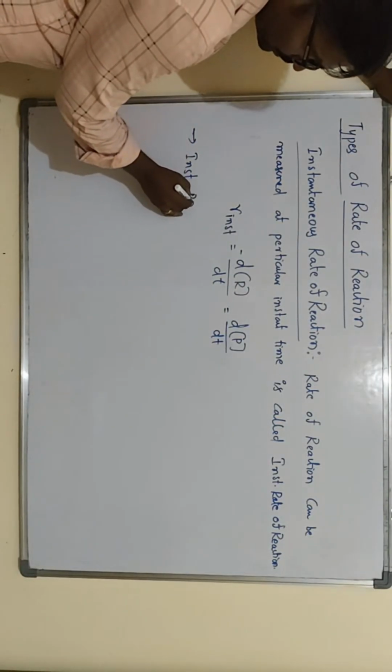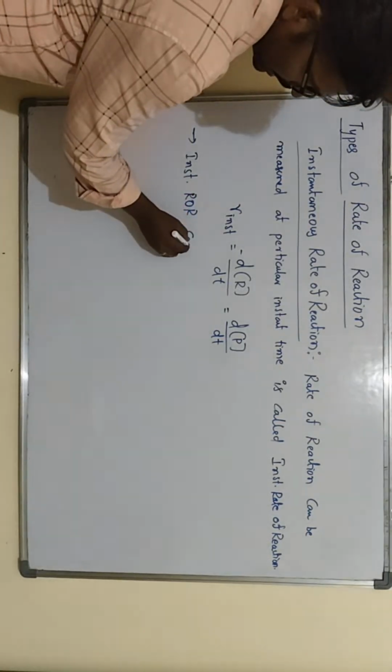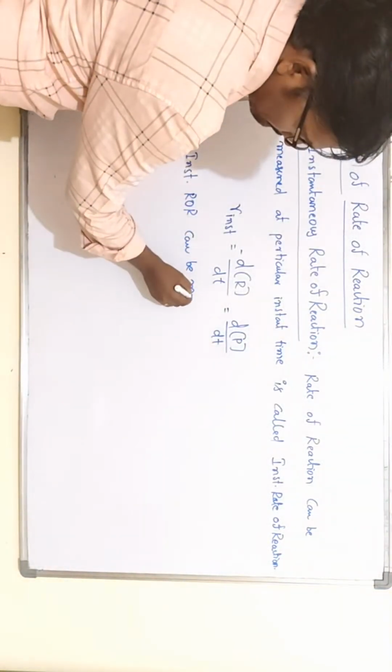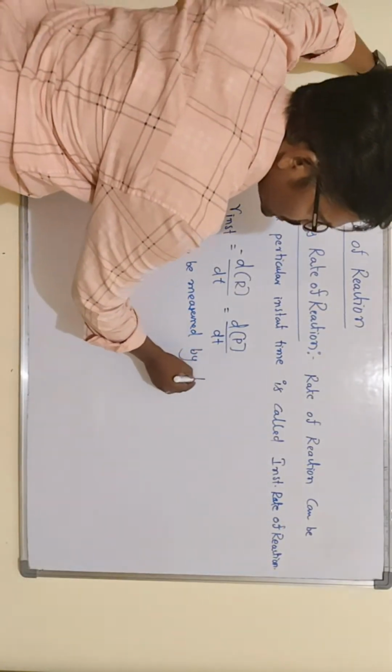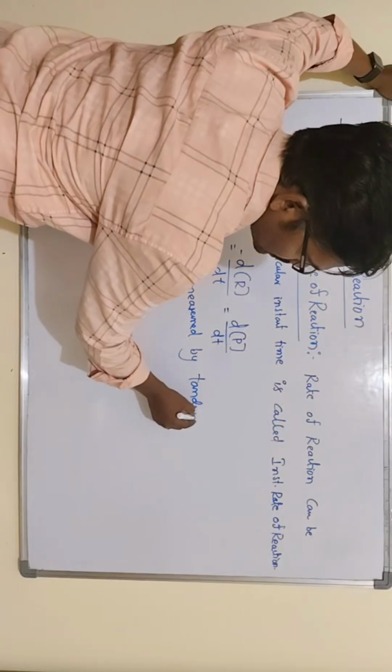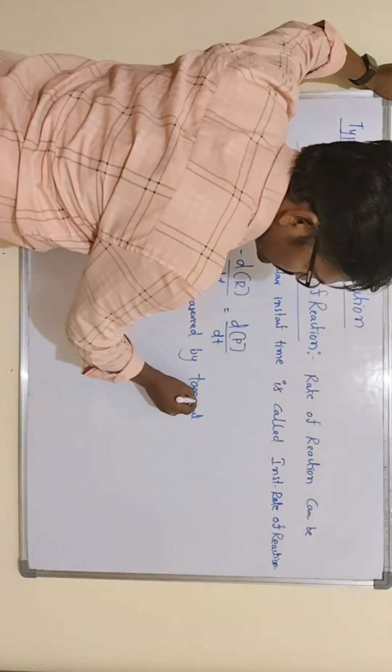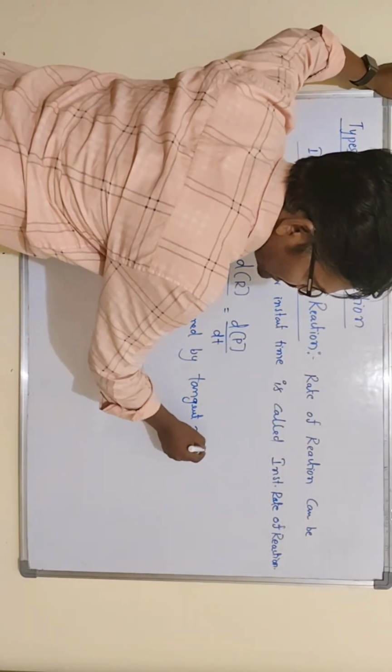Instantaneous rate of reaction can be measured by the tangent method. What is the tangent method?